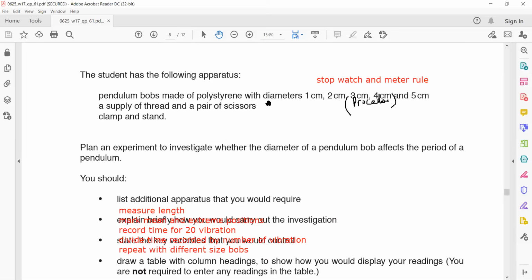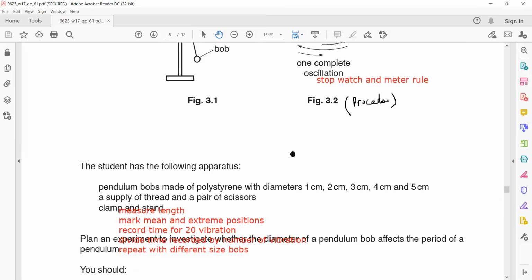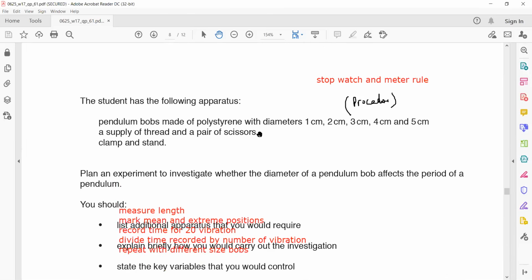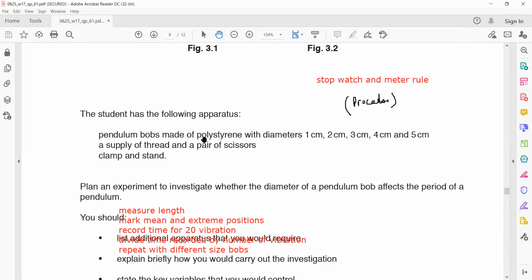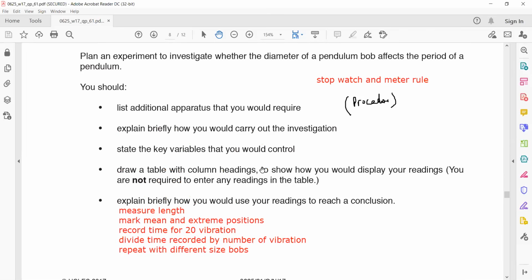Here, when the diameter is changing, the mass will also change, because as they mentioned, they are all made of polystyrene. So we cannot control the mass here, as the available bobs are made of the same material. If there were different materials and different sizes, then we could say the mass should be constant as well.